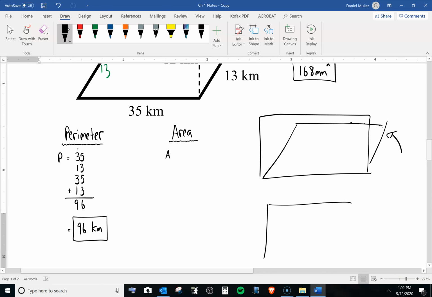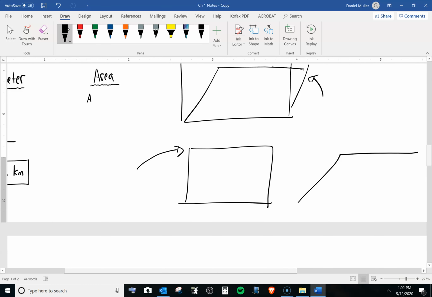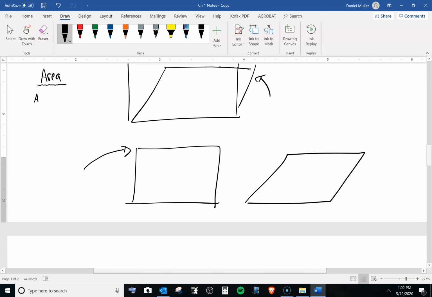So a rectangle that's been kind of, if I went and pushed the top corner there, if I pushed really hard, I would push that down and I would get a parallelogram. In fact, a rectangle actually is a parallelogram. It's a special type.